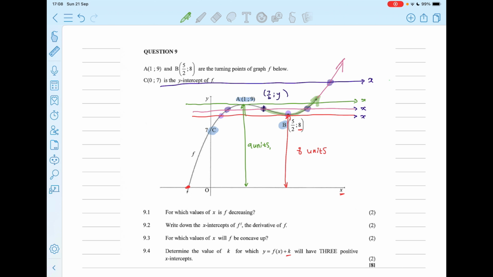So that means that anything greater than 9 units, the function will once again only have one x-intercept. So this means that this value of k, which determines how far up or down our function needs to move in order for us to end up with 3 x-intercepts, needs to be between 8 and 9 units. It can't be less than 8, and it can't be greater than 9 units.